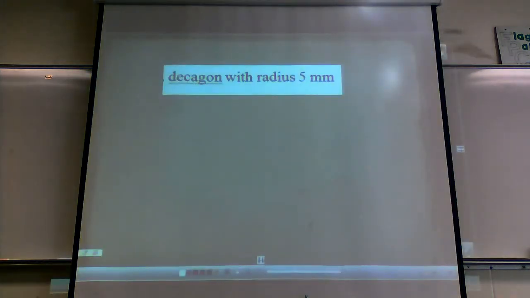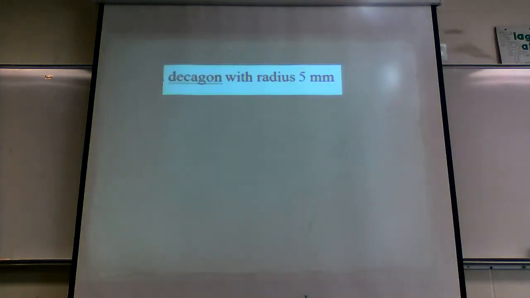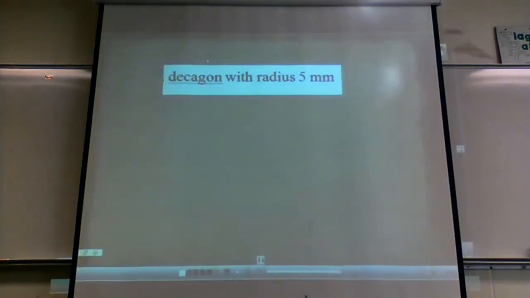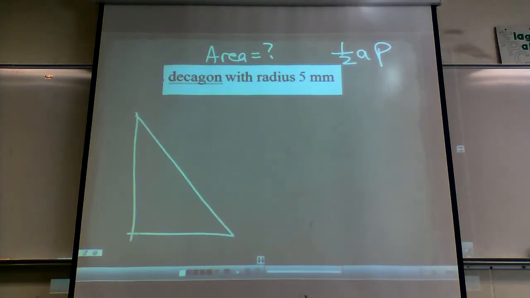But the whole idea behind this, guys, is if I'm asking you to find area, I just need to find the apothem and the perimeter, just like the last one. And this right triangle you set up is always the same. This side is always the apothem. That's the radius. This side that I just keep throwing that X on is always 1/2 of the side length.